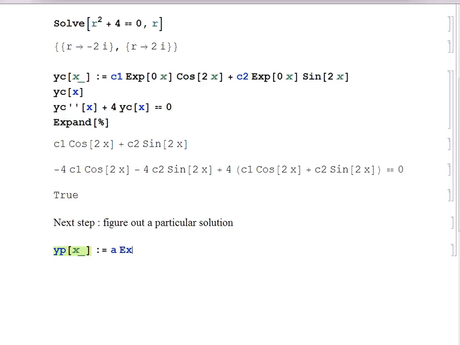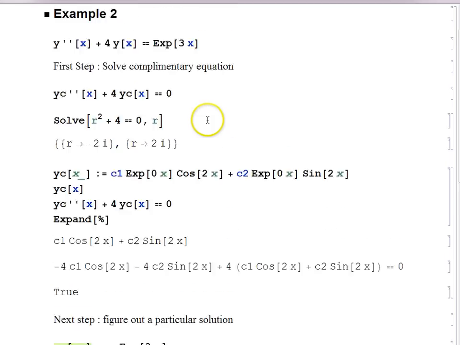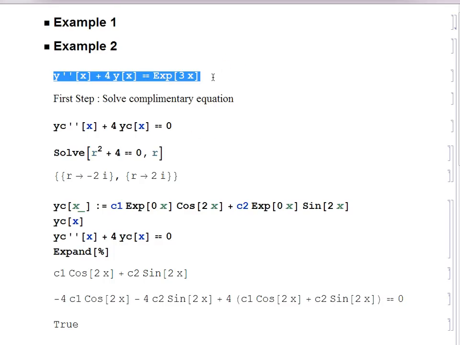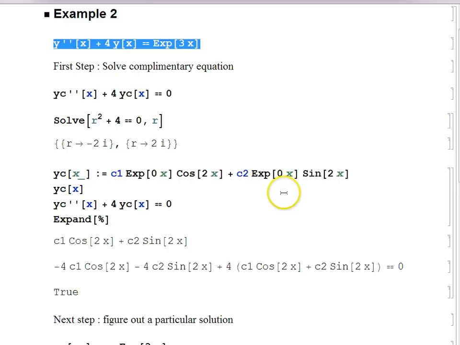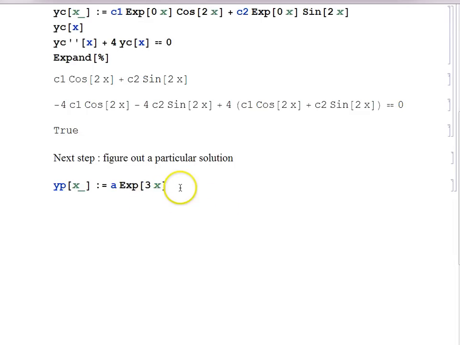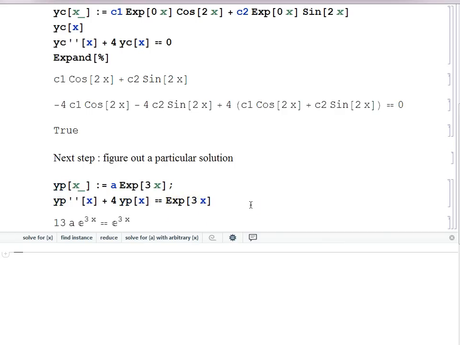A exp 3x. Okay? And let's stick that into the equation and see what we get. We'll just put a p in here. See what we get.